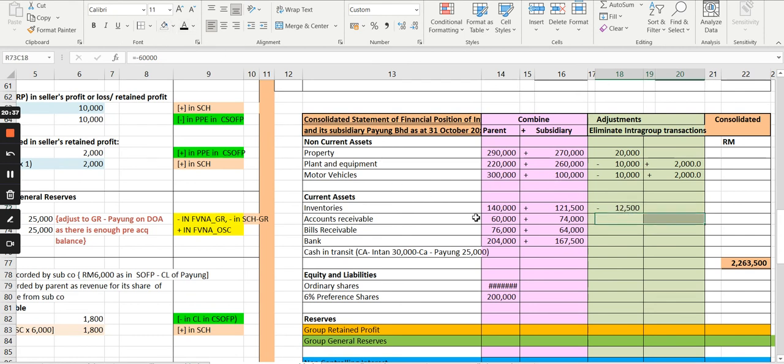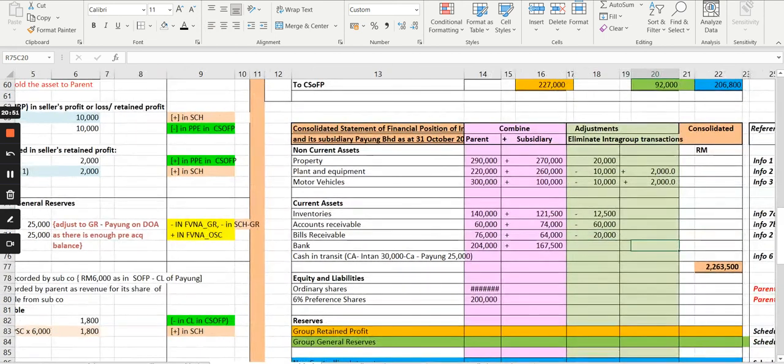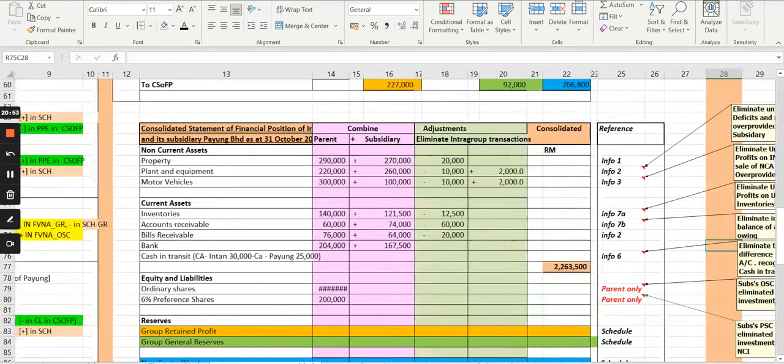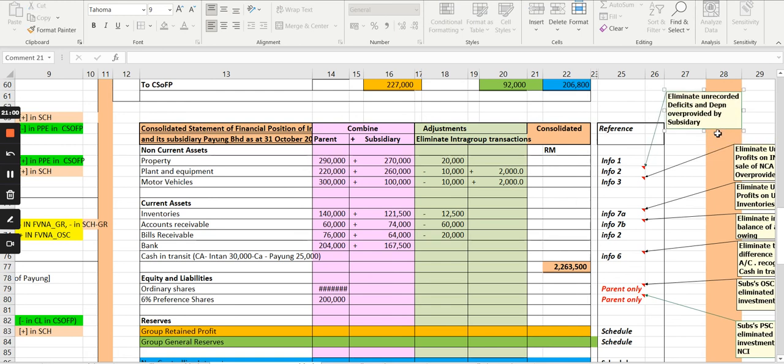For the account receivable, eliminate the balance of intercompany amount owing. For bill receivable, we have done this much earlier, eliminate the undiscounted bills. I've put some notes here to help you understand better, of what will be the issue of each of the items.